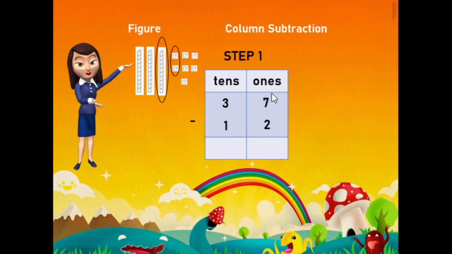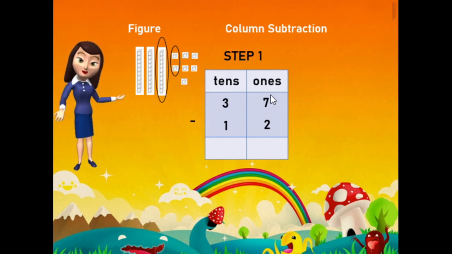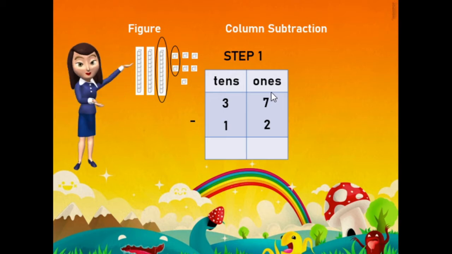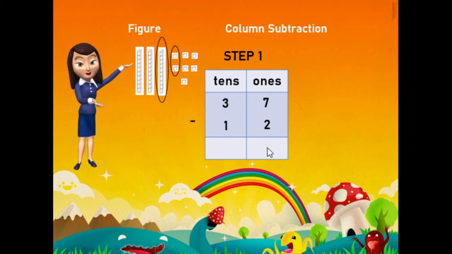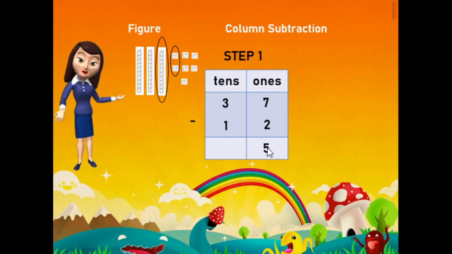That is step 1. Subtract first the numbers in the ones place. So, 7 minus 2 equals 5.